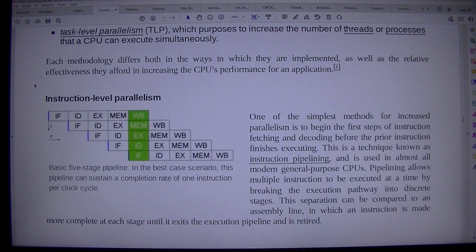This is a technique known as instruction pipelining, and is used in almost all modern general-purpose CPUs. Pipelining allows multiple instructions to be executed at a time by breaking the execution pathway into discrete stages. This separation can be compared to an assembly line, in which an instruction is made more complete at each stage until it exits the execution pipeline and is retired.